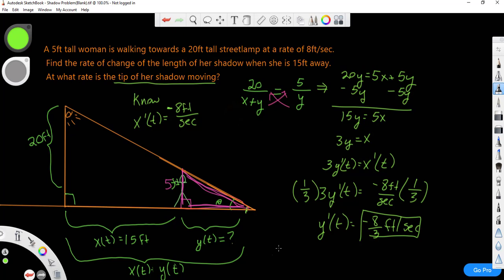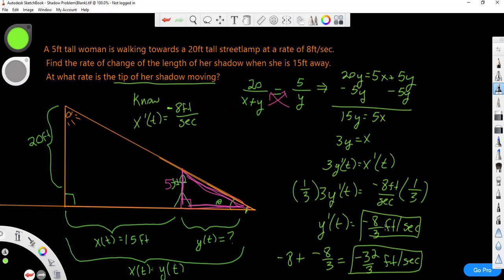So negative 8, that's this change here, plus negative 8/3, the rate at which her shadow is changing, and we get negative 32 over 3 feet per second.